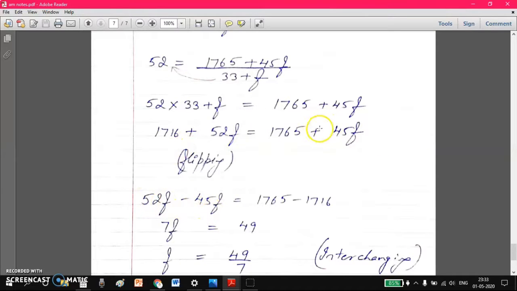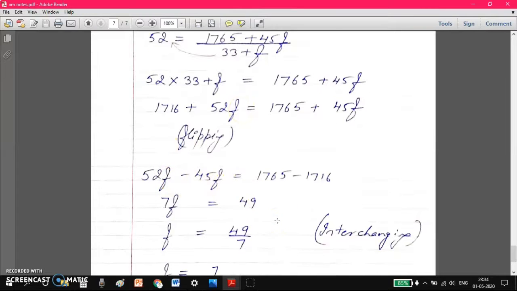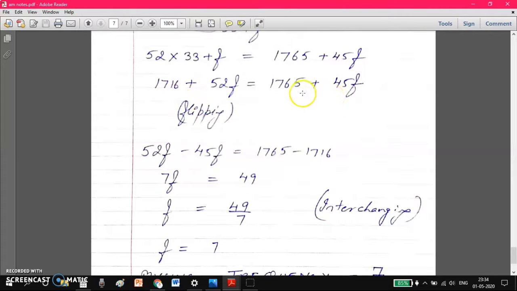As we have a plus sign here, when any sign goes to the other side of the equals sign, it changes its sign, not its number, it changes its sign. So 52 here was plus, 52 will be plus, and because 45 changed its position and went to the side of 52, although it was plus, when a number goes to the other side of the equals sign, it becomes minus. And so on the other side as well. Fine.